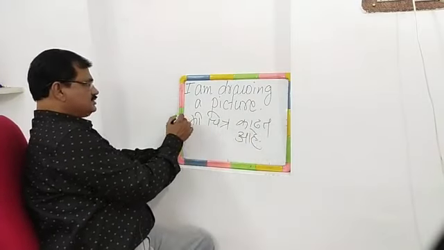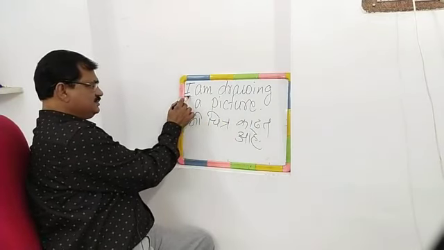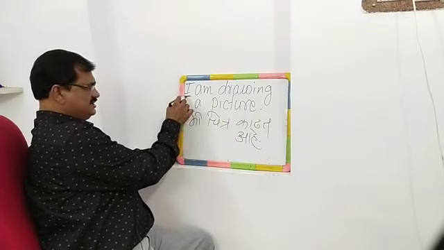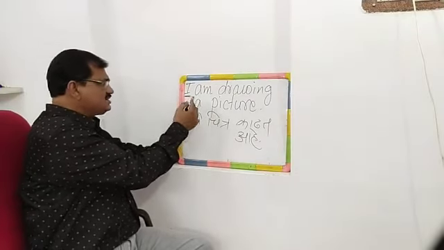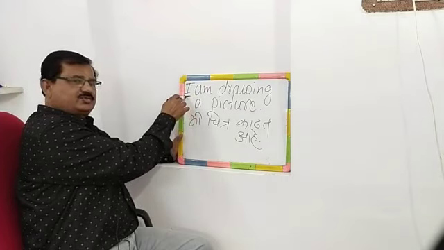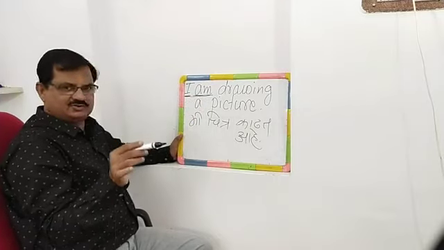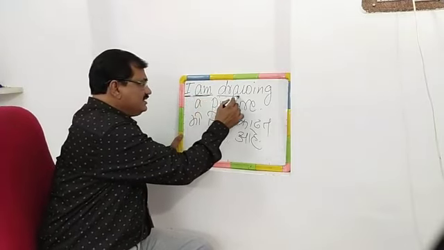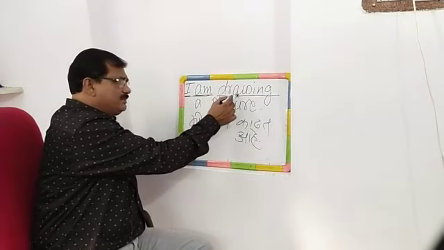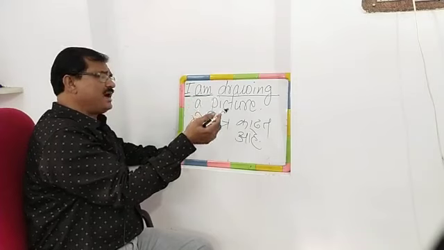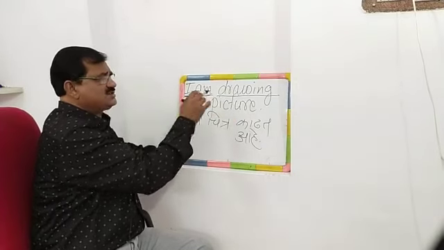Okay. So first of all, let us identify subject. This is subject. I have used subject first. So if you want to construct the sentences in present continuous tense, first of all subject has to be used. Then a present tense form has to be used. Then present participle form of verb has to be used. Means the form by adding ing to the main verb is always used in this tense.